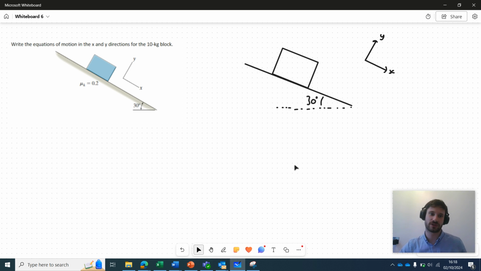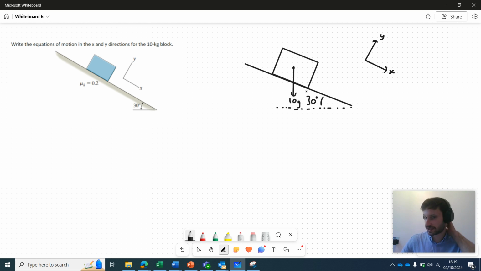And if we're going to describe the motion of this 10 kilo block, it might first make sense to understand the forces and the resultants of the forces acting on the block. So if we're trying to understand that, we might start, as we typically do, by drawing a free body diagram. So I've made a start here.